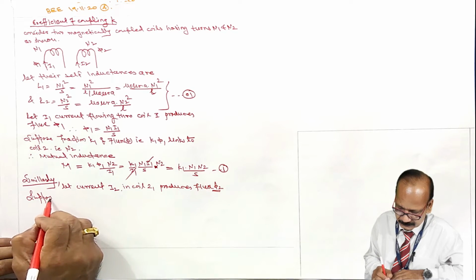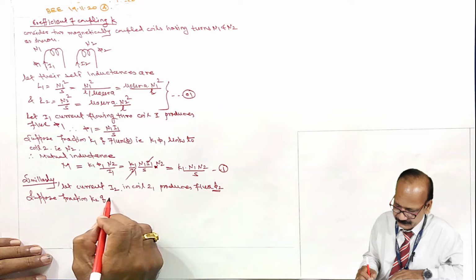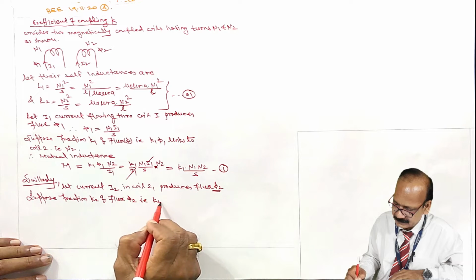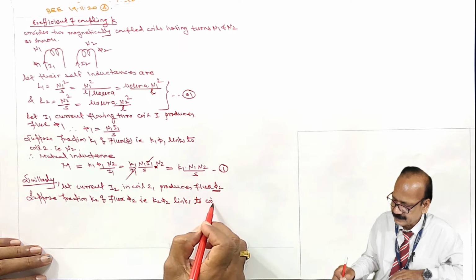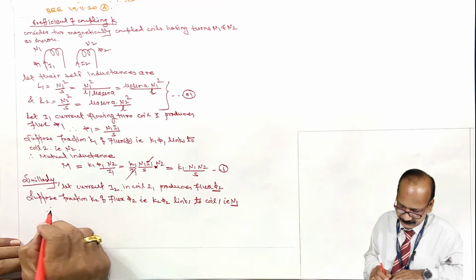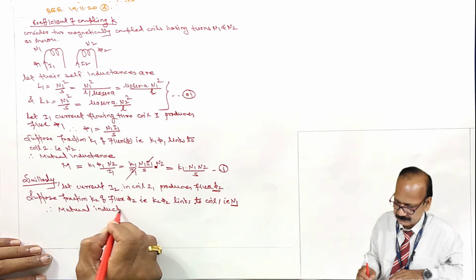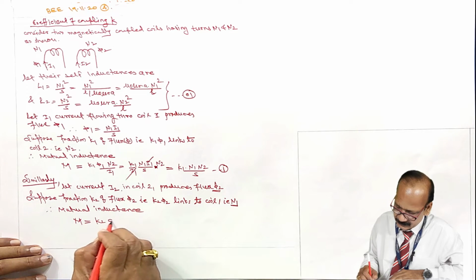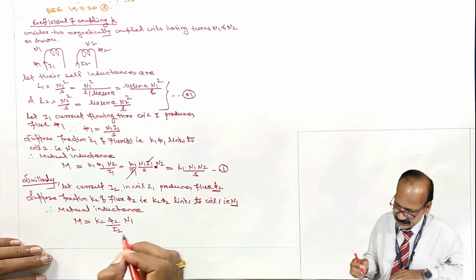Suppose a fraction K2 of flux phi 2, that is K2 phi 2, links to coil 1, that is N1. Therefore, mutual inductance M equal to K2 phi 2, this links to N1, and this happens due to I2.